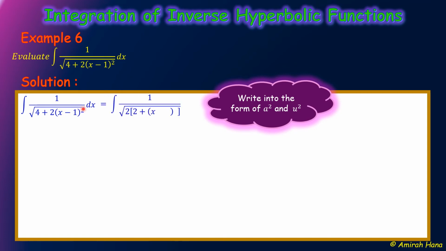Okay, firstly, we need to factorize 2. We factorize 2, so in the bracket we have 2 here, because when we multiply 2 times 2, we get back 4 here. And when we expand 2 times bracket squared, we get back 2 times bracket squared, still inside the square root symbol.